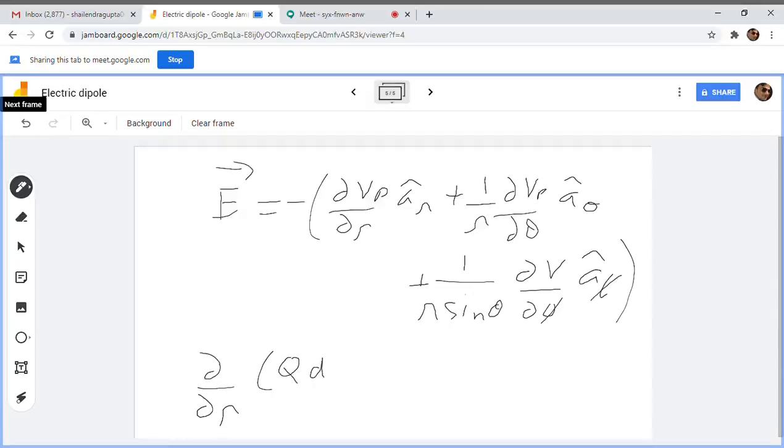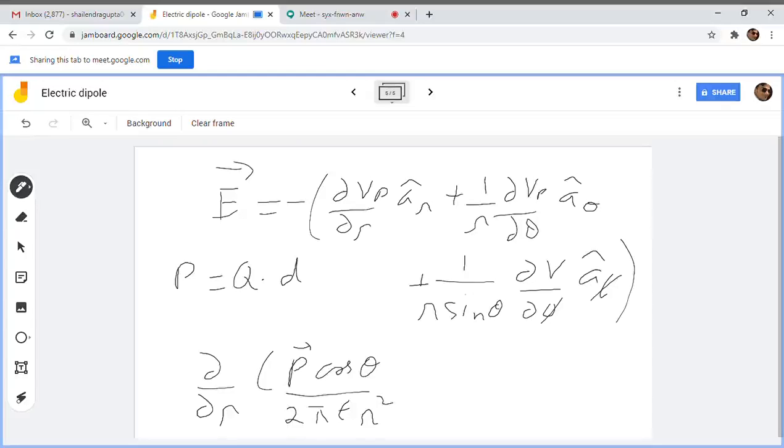Let us say QD is equal to P. We say that dipole moment P is equal to Q dot D. So let us say this is the dipole moment. So P cos theta divided by 2 pi epsilon R square.